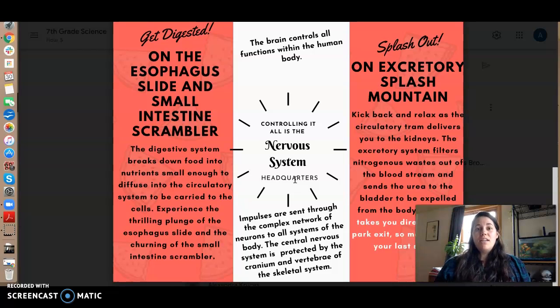This can either be done as a separate paragraph on its own, or it could just be embedded in all of those different systems. So for this project, I tried to embed it in all of those different systems to help make it clear how nutrients, oxygen, waste, and carbon dioxide are moving through the system.